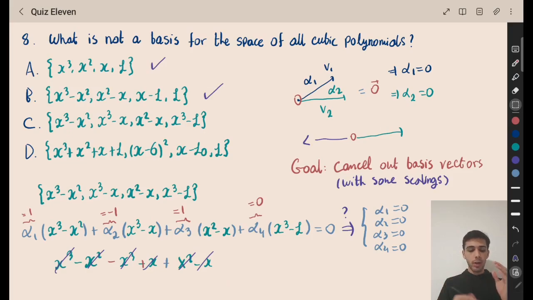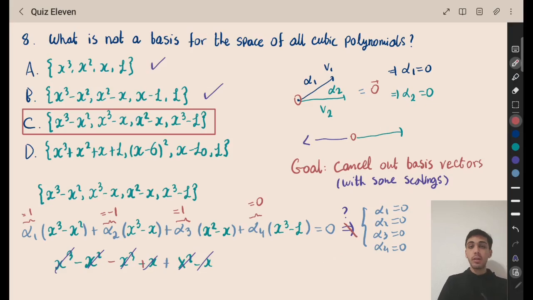So do you see how if I add this vector to that vector, I'll get this vector? This is what I mean when I talk about linear dependence. So we have a linearly dependent set of vectors here. We have a non-zero combination that gives a 0. We have a set of vectors that cancel each other out without all of the scalings being 0.